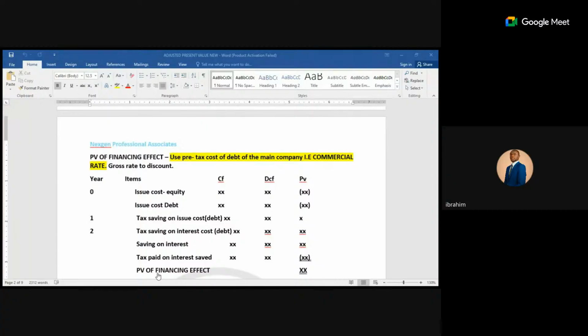Is it 17? Or 5% below 32 is what, class? Is it not 17? Now, 5% below the commercial rate gives us the subsidized rate.